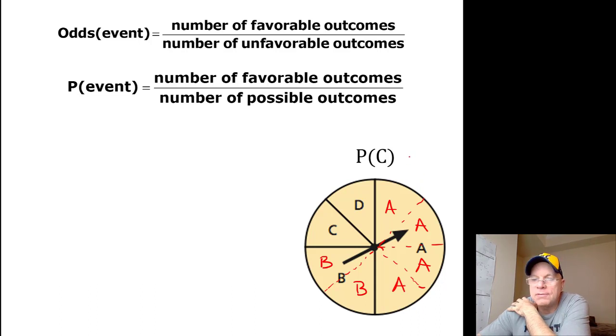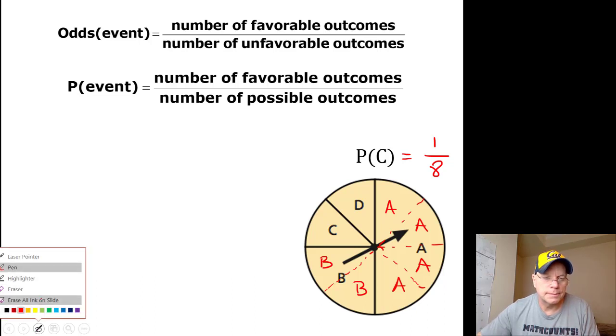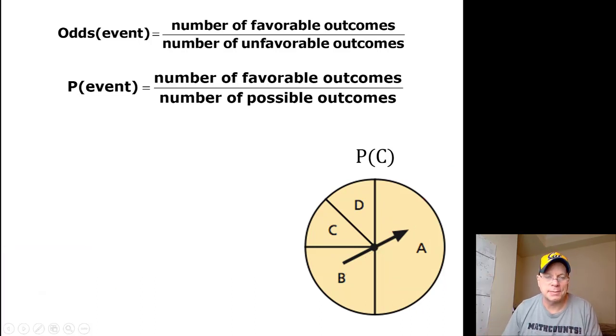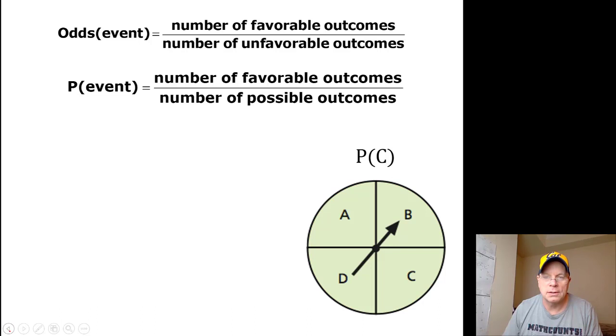And so the probability of C here, there's only 1/8 of the spinner that's labeled C, but there are 8/8 where it could land. And so the possible places it could land would be 8 compared to 1. The probability of C would be 1 out of 8, 1/8. No, I'm second guessing myself on something. I did that right, okay.